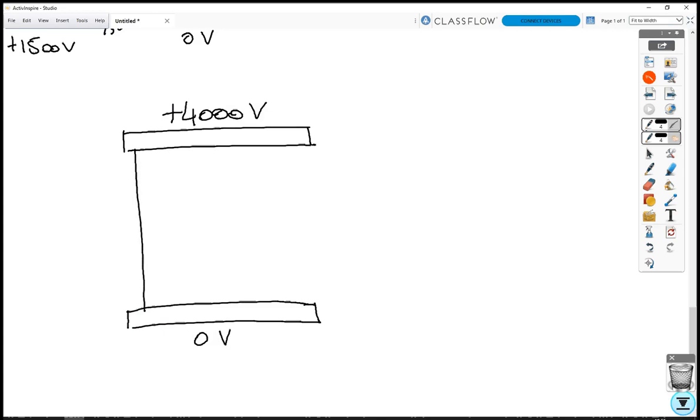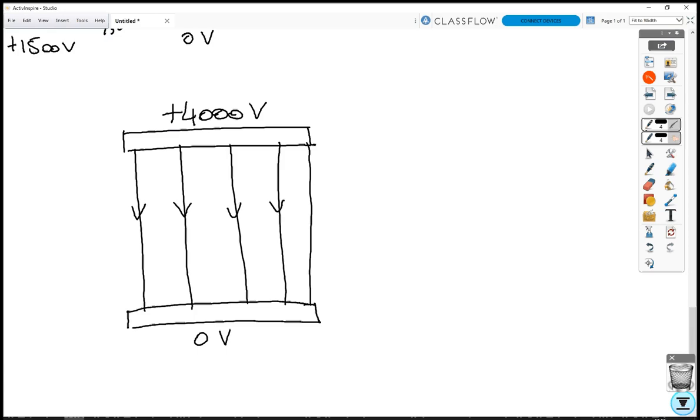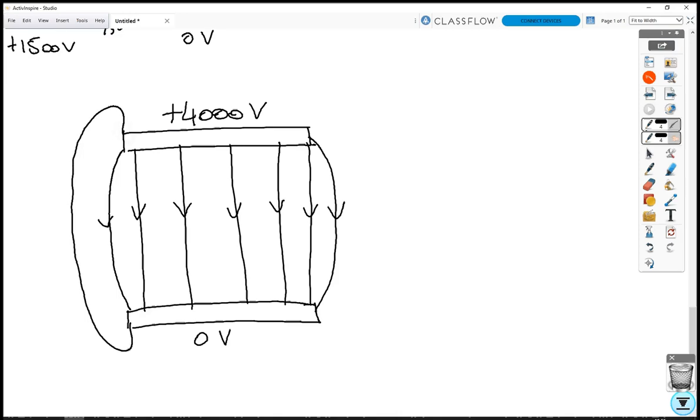So we do our usual with the field lines, drawing them approximately equidistant. And then what happens is on the edges, we get a curved line here and a curved line here. And then right on the outside, we get a funny shape like this.